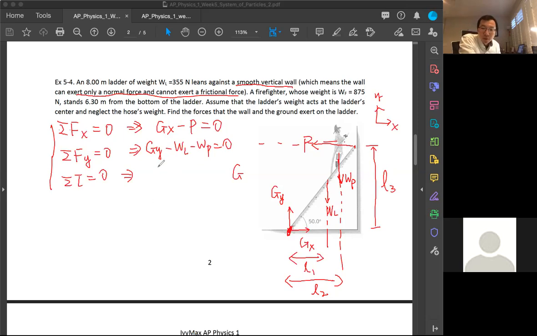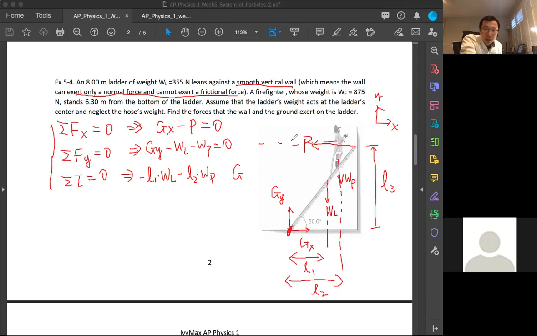So we can have L1 times WL. This generates a clockwise rotation, so it's negative. Similarly WP generates a negative torque, which will be L2 times WP.